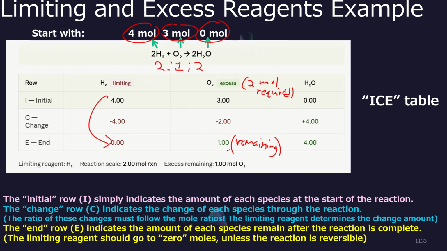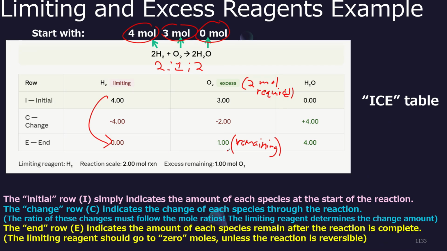And there's a key point here: the ratio of changes between each thing, products and reactants, has to follow the mole ratios or the atomic ratios that are in the balanced chemical equation. Because the balanced chemical equation tells us how change happens, how a process will change the amounts of reactants and products.